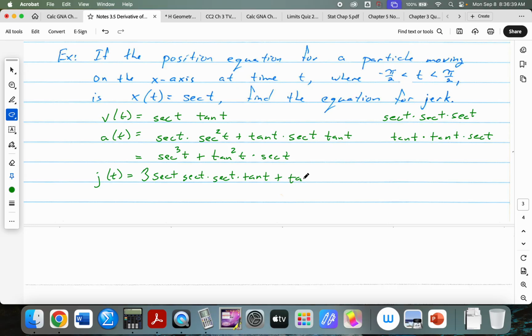I'll go ahead and call that tangent squared times the derivative of secant, which is secant t tangent t, plus, I'm going to keep the first and the third, that's tangent t secant t, times the derivative of tangent, which is secant squared, and then I'll keep the second and the third and take the derivative of the first. That's going to be the same as this one, so there'll be two of those.